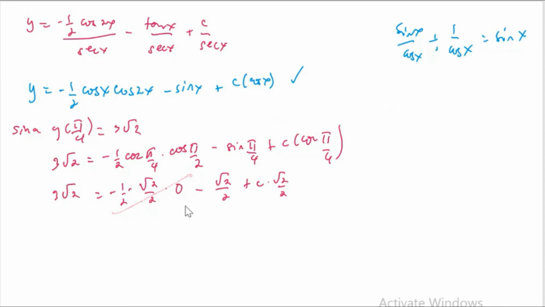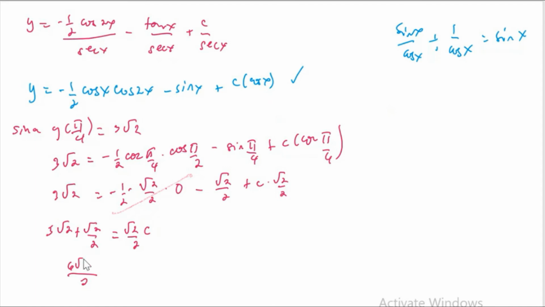And then transpose the negative square root of 2 over 2. So we can write now 3 square root of 2 plus square root of 2 over 2 is equal to the square root of 2 over 2 times c. Now simplifying first the left hand side, the LCD is 2 times the numerator.